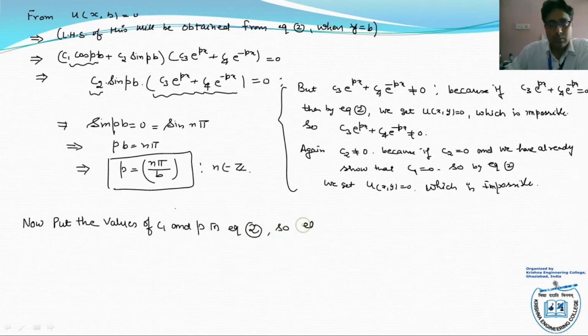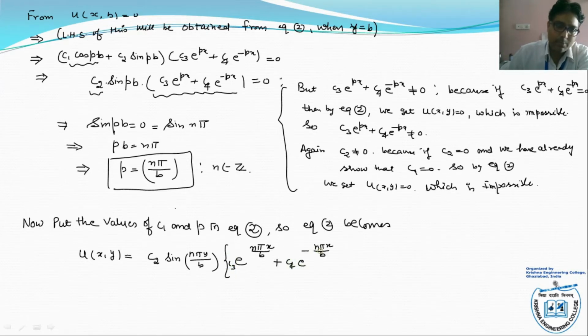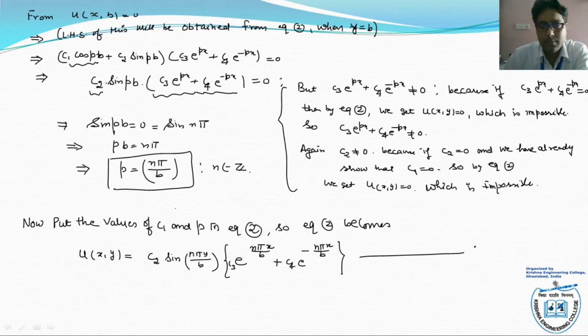So equation second becomes u(x, y) is equal to C2 sine n pi y by b, into C3 e to the power n pi x by b plus C4 e to the power minus n pi x by b. This is equation number third.